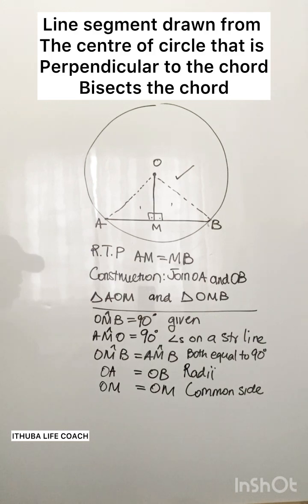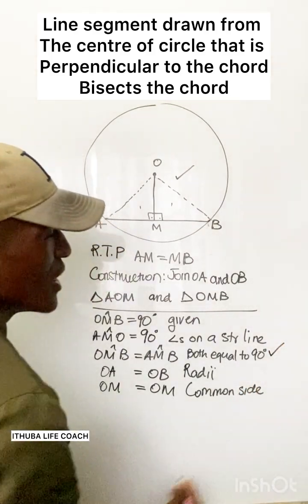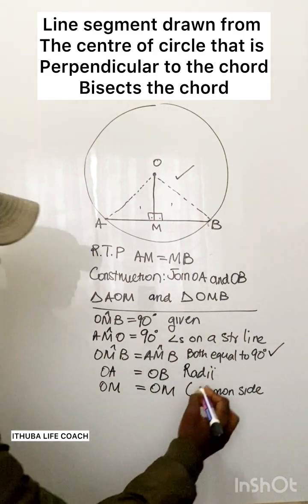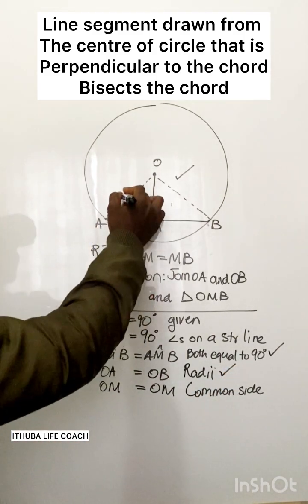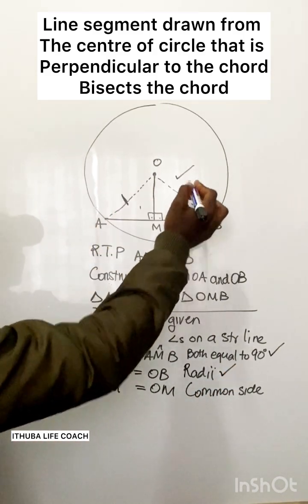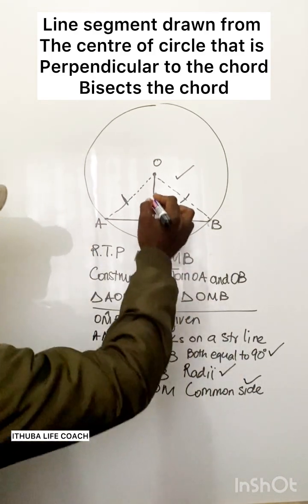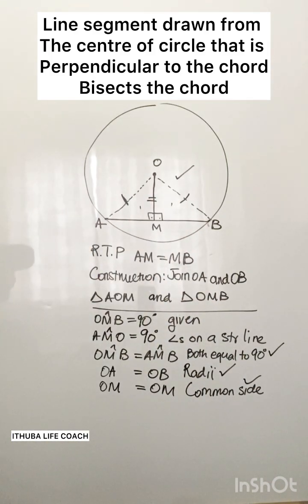And we have made those 3 reasons. Number 1, we have proved that these 2 angles are equal. Number 2, we have proved that this side is equal to this side. And then number 3, we have proved that we have a common side. Meaning we have been able to prove congruency.